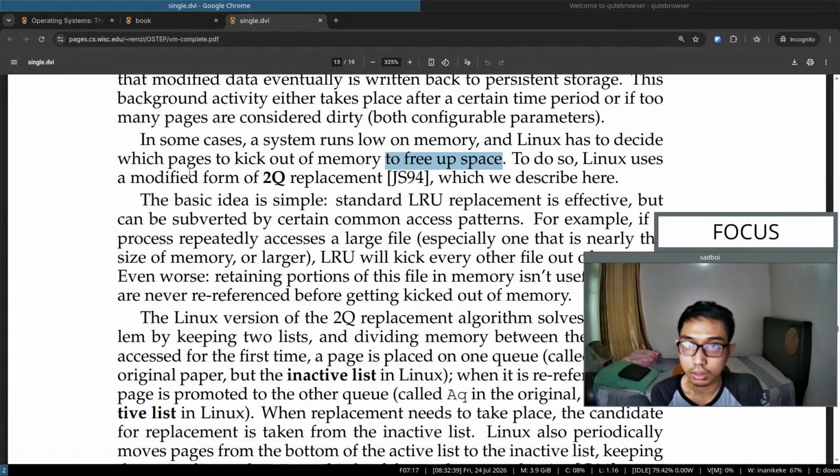To do so, Linux uses a modified form of 2Q replacement, which we describe here. The basic idea is simple. A standard LRU replacement is effective, but can be subverted by certain common access patterns.